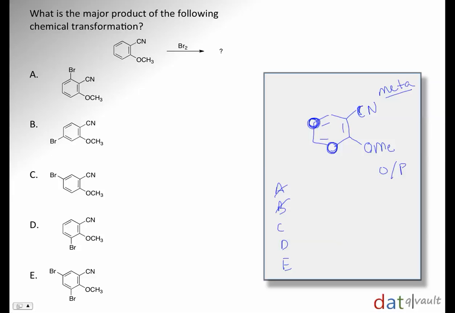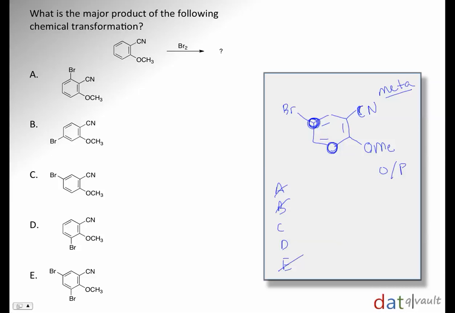But if we were to substitute bromine one time and then again, we notice that if we put a bromine on this molecule once, we know that halogens are, again, ortho-para directors. And if we put this here, this position that's also favored is at the meta position. So it's going to be deactivated. So we're not going to get the dibromination product. So that leaves us with answers C and D.